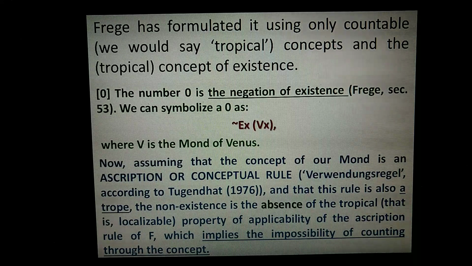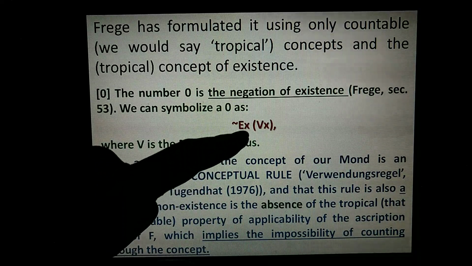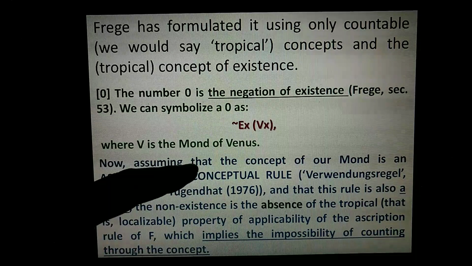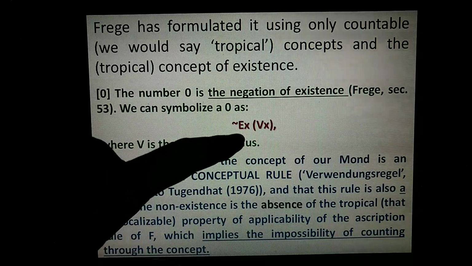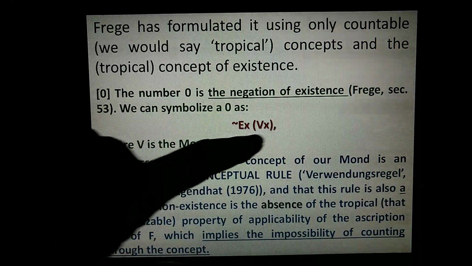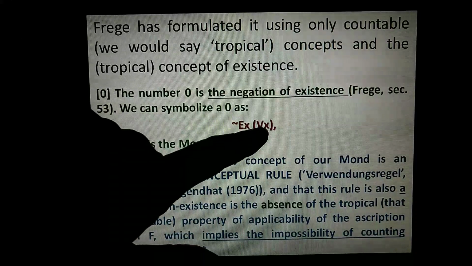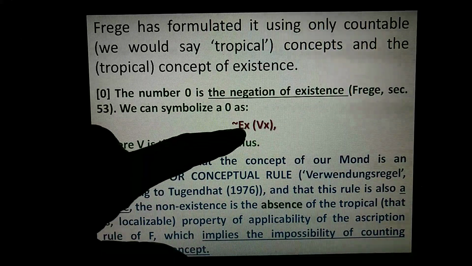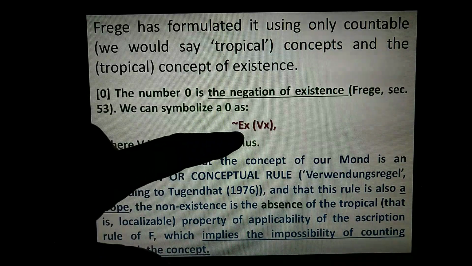We can symbolize 0 as: there is no moon of Venus. V is the moon of Venus. The moon of Venus does not exist, and existence for Frege is applied to V, is a concept of a concept.